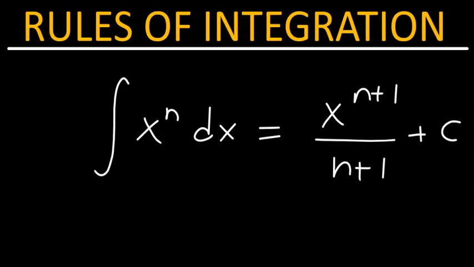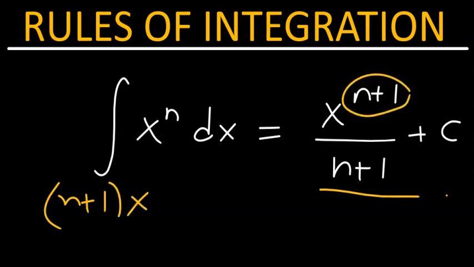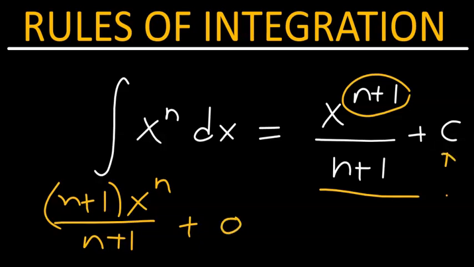Now we can see that if we differentiate the right-hand side, you get n plus 1, the power of x gets reduced by 1, and over n plus 1. And then when you differentiate a constant, you simply get 0. And the answer is just x to the power n, which is the integrand. So here you see how integration is just the reverse process of differentiation.